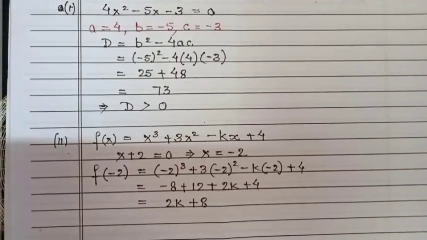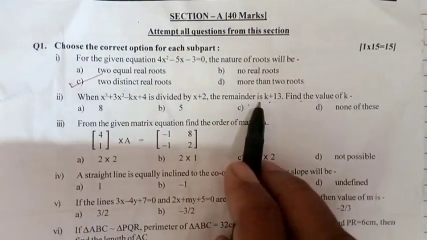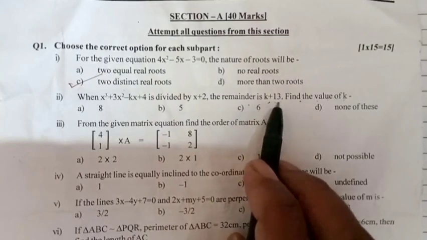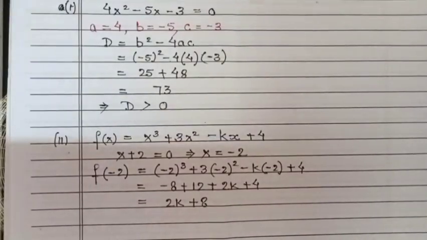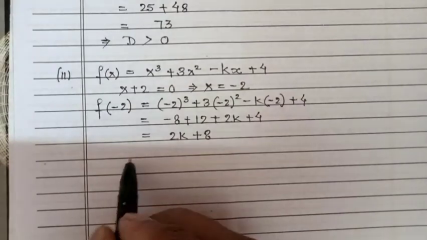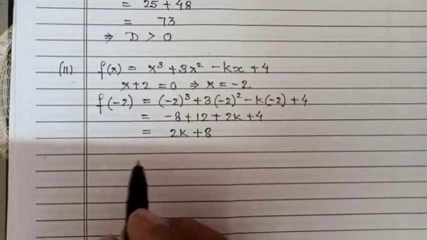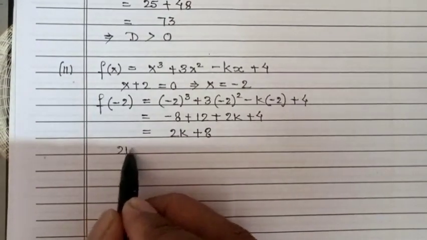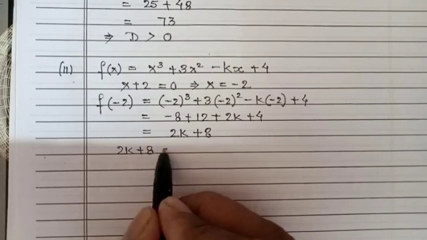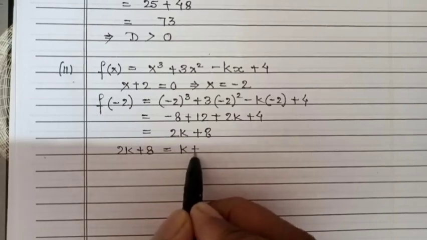So this is the remainder. Now according to the question, the remainder is equal to k plus 13. So whatever the remainder we have got, we are going to equate it with k plus 13. So 2k plus 8 will be equated with k plus 13.